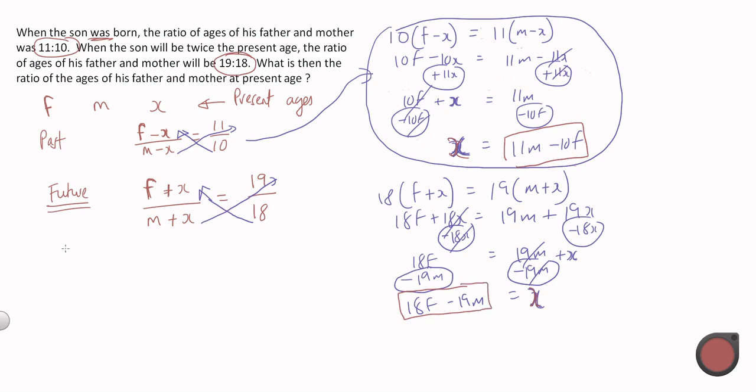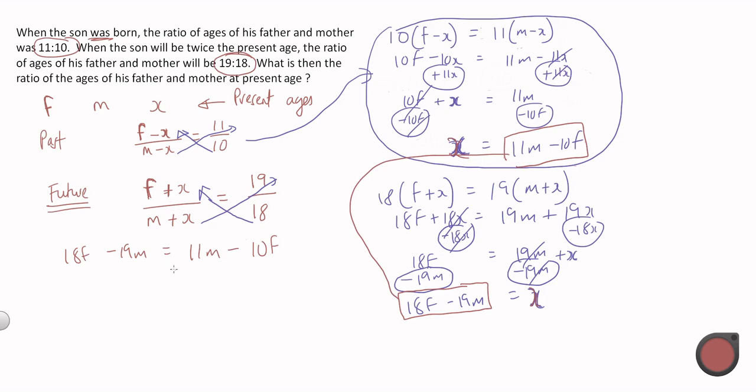Let's do that here then. Basically, all I've done is match this with this, made them equal to each other because they're both equal to x.